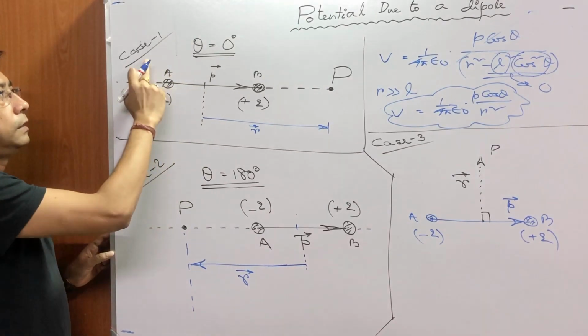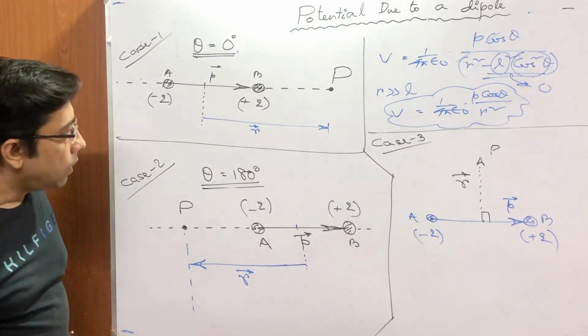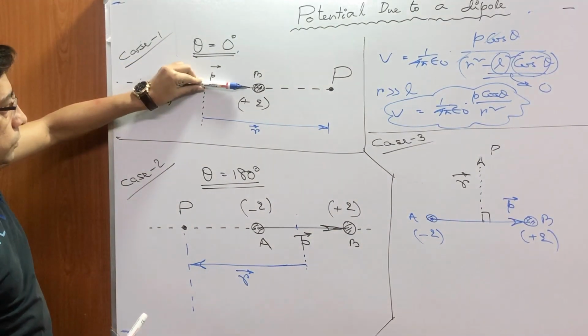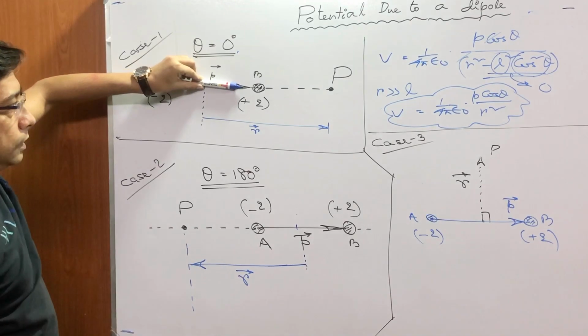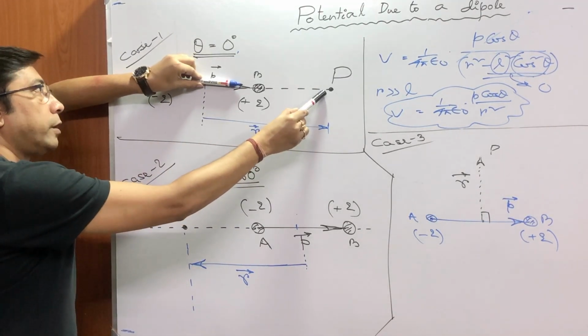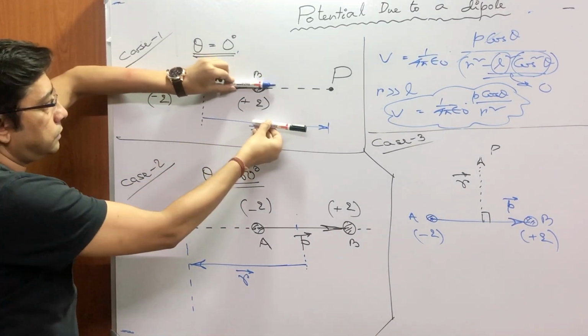Case 1. Here theta is 0 degree. Look at the picture. Dipole moment is along this vector P, from minus charge to plus charge, and the distance r is along this. That means point P is on the axis. So these two have the same direction.